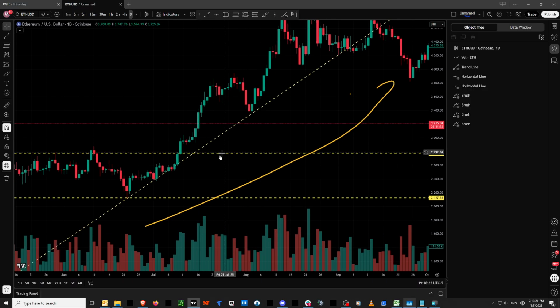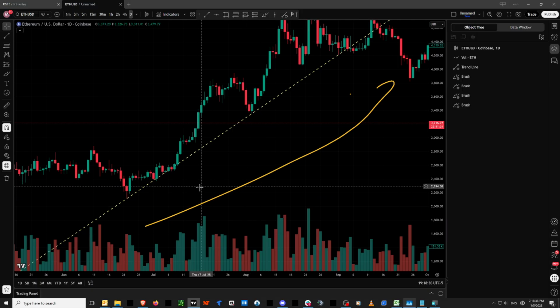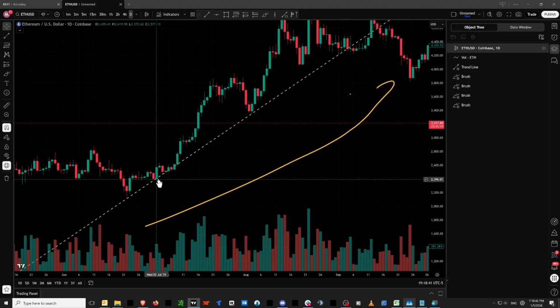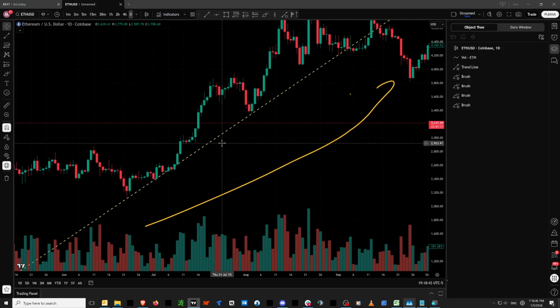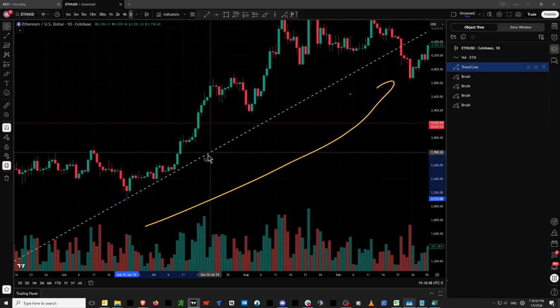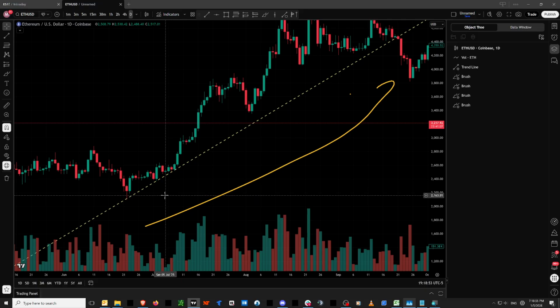Now, do we have a pattern here? Let's get rid of these horizontals. There. What do we see here? We see this point, these points. As a matter of fact, let's move it right here, a little bit tighter. What do we see happens here?